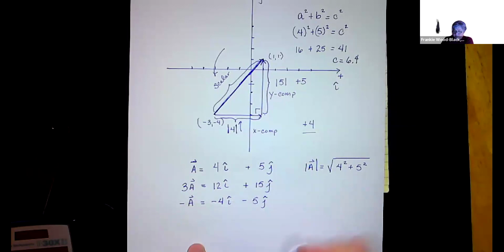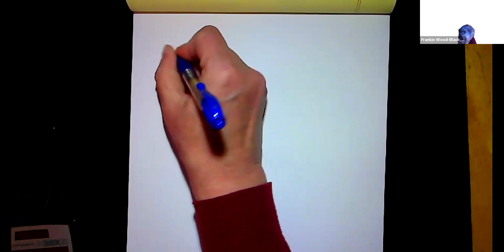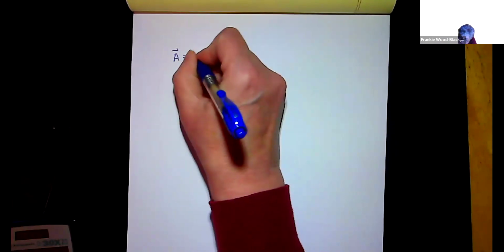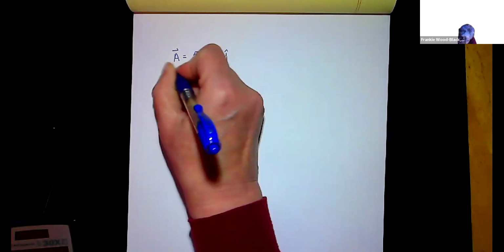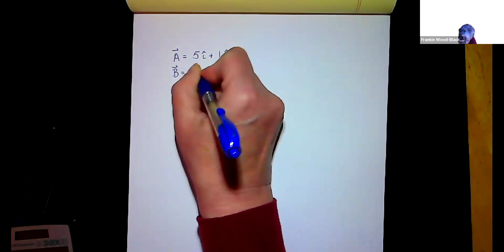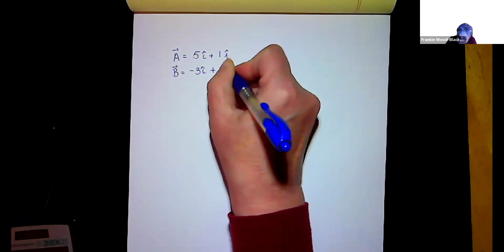And then I can add vectors. So I can do my vectors like this. So let's take a vector. I'm going to write 2 vectors down. Vector A is going to be 5i plus 1j. And I've got a vector B that I'm going to say is -3i plus 2j.